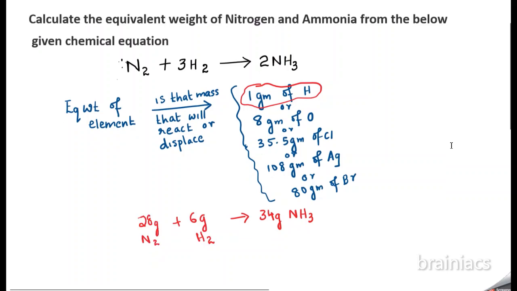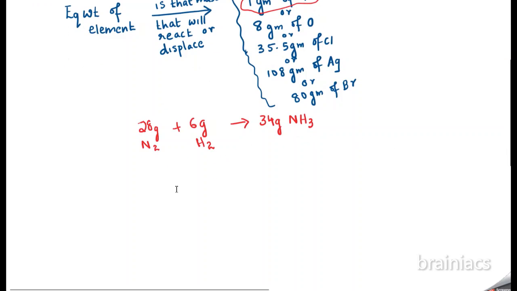Okay, this is what we know actually. Now how will we proceed? First we will calculate the equivalent weight of nitrogen. As per my definition, if I want to find the equivalent weight of nitrogen, I need to say that the equivalent weight of nitrogen is that mass that will react with how much gram of hydrogen? 1 gram of hydrogen.